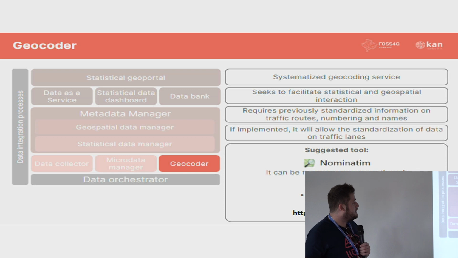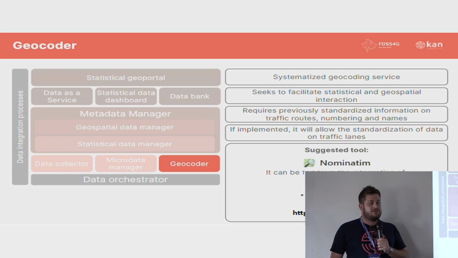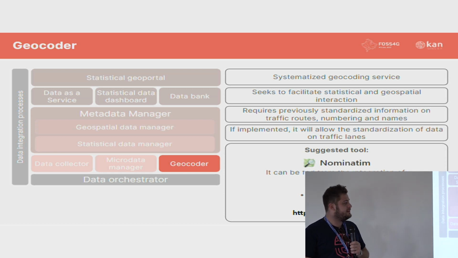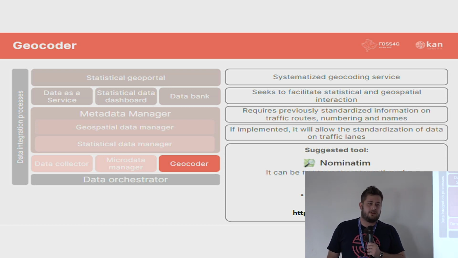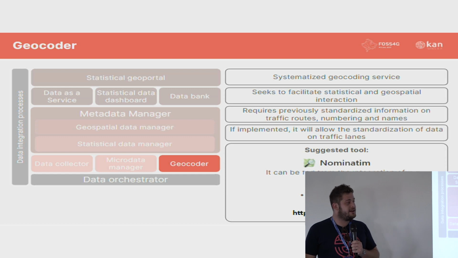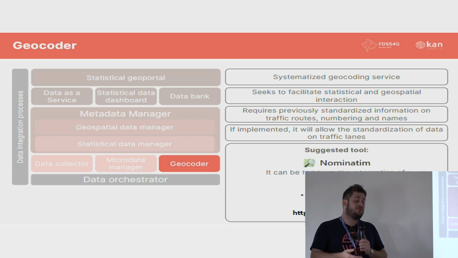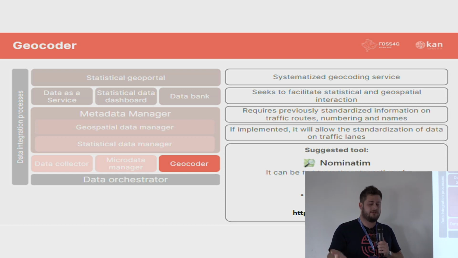Another need was geocoding. We implemented Nominatim, which uses OpenStreetMap data to find locations by name and address, which is geocoding. It also has reverse geocoding: if you have a point, it gives you the complete address.